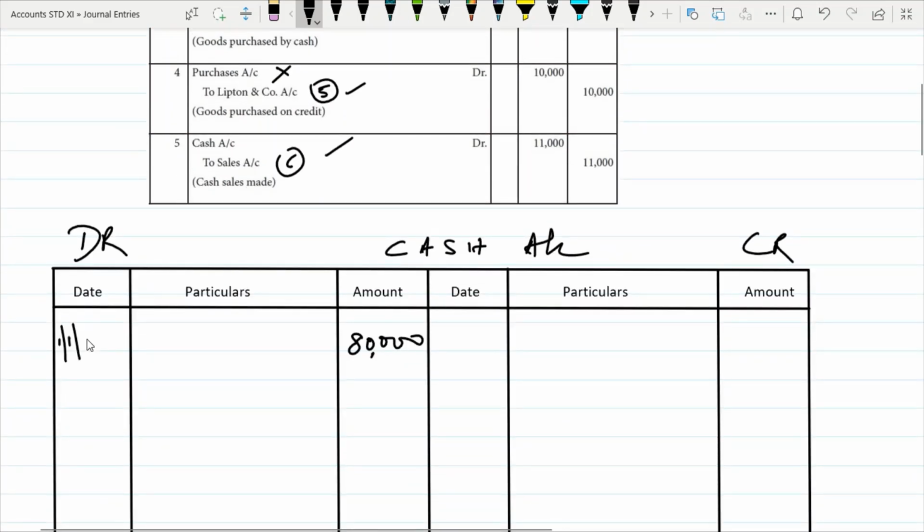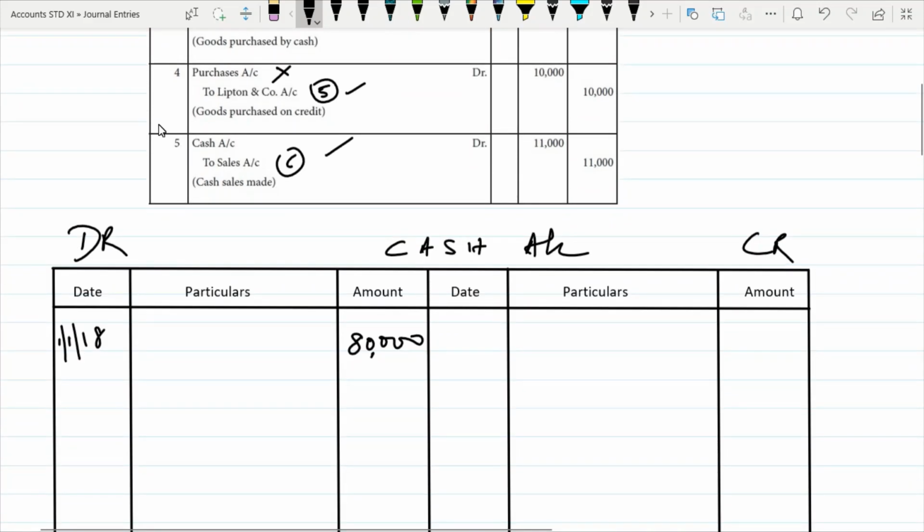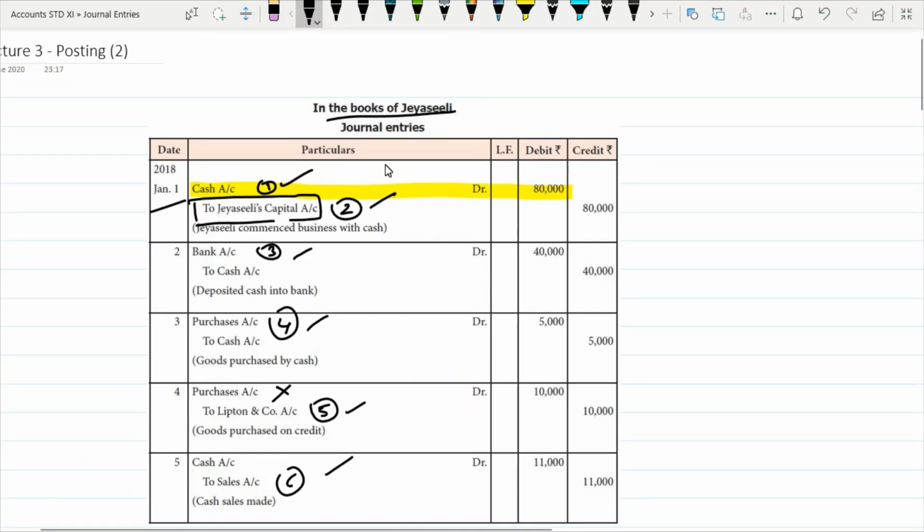So 1st Jan 18. Now what do we write? We write the entire thing here. So we write to Jayaslee capital account 80,000. Okay. So the first, this one is done.